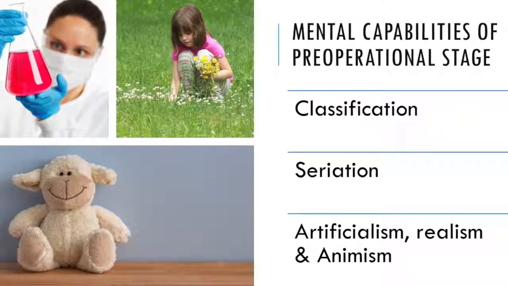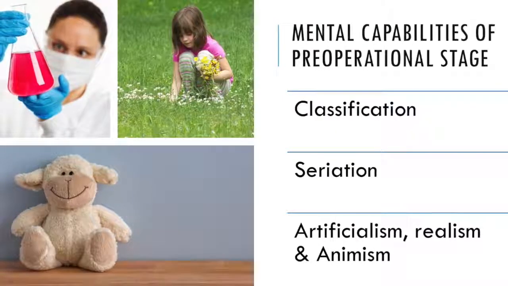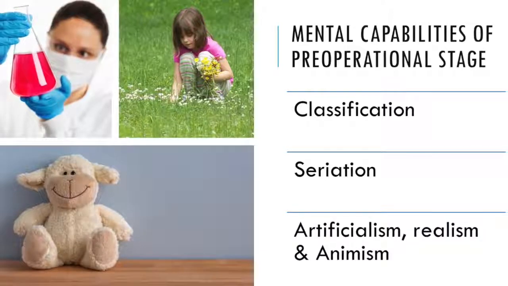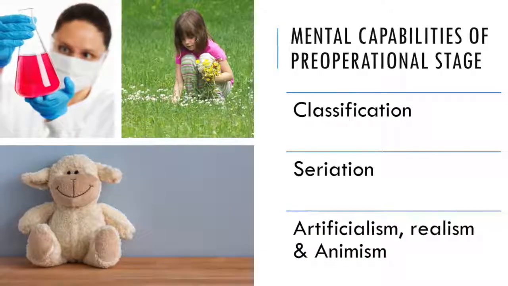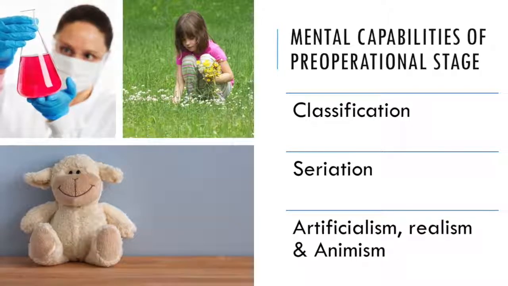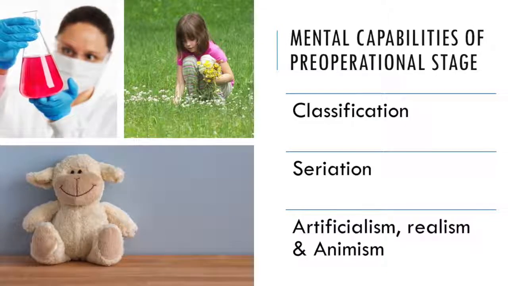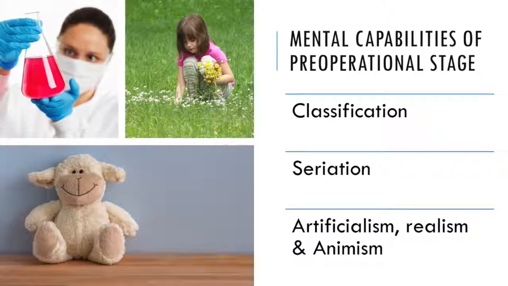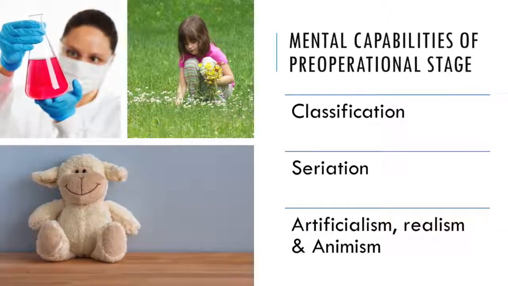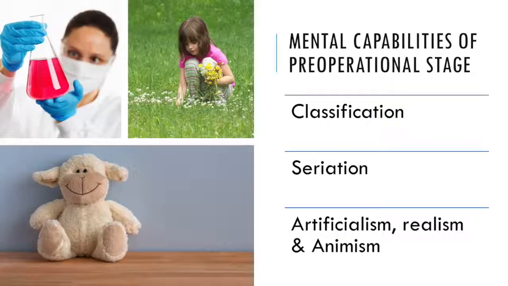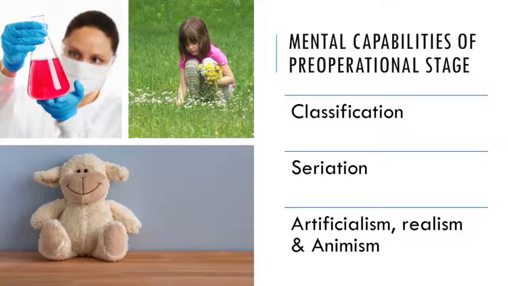Children from this period also believe in artificialism, which is the belief that all natural phenomena are the products of human design. They also attribute tangible quantities to events of the mind in what is called realism. And preschoolers engage in animism, the mistaken belief that non-living objects are alive or have human attributes.